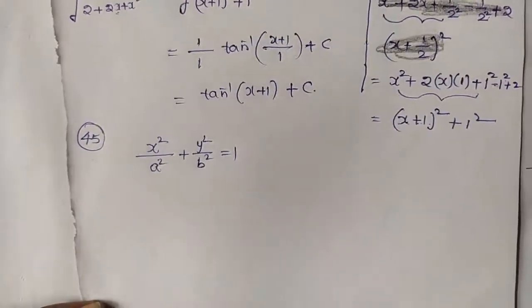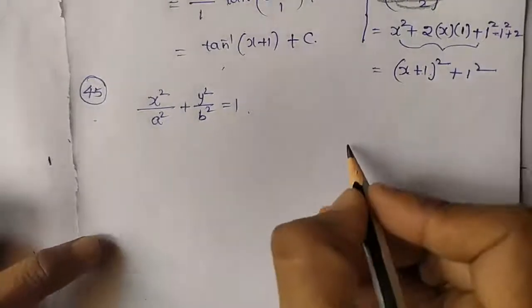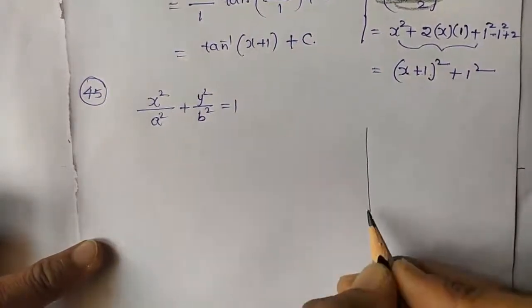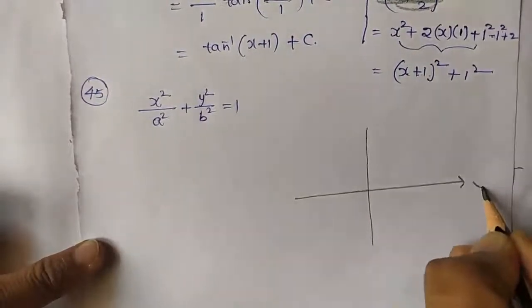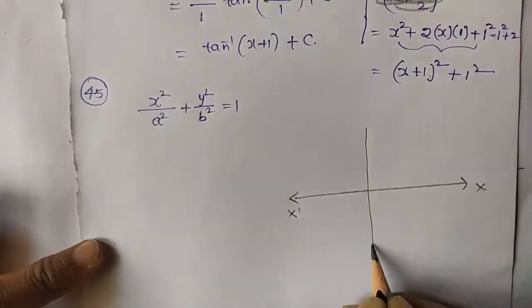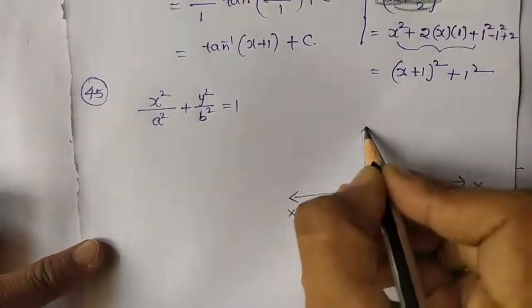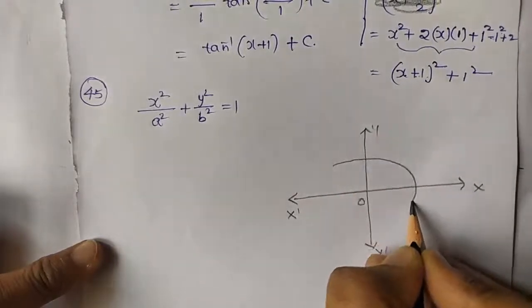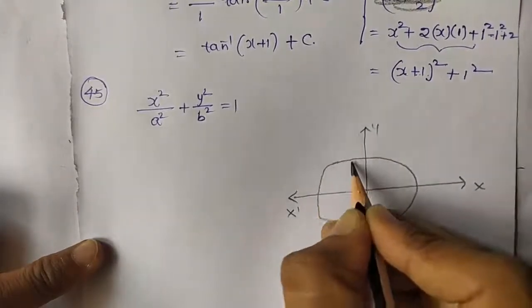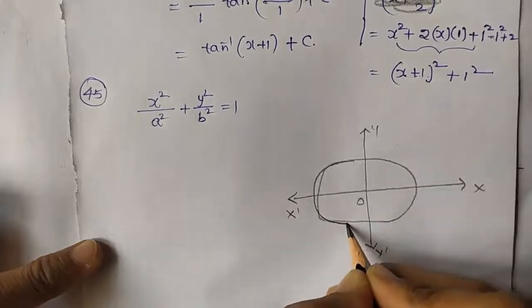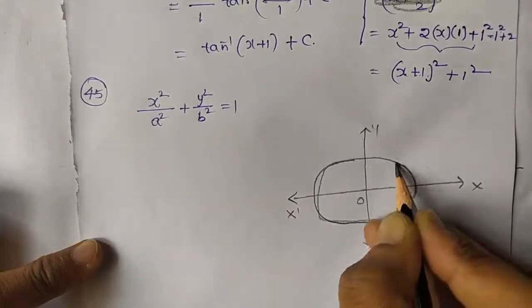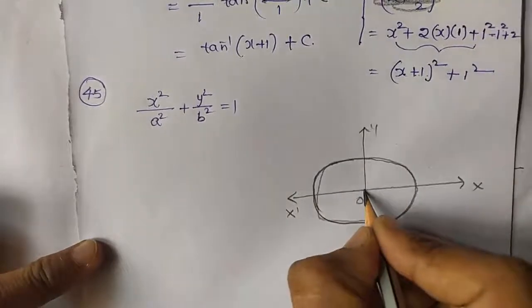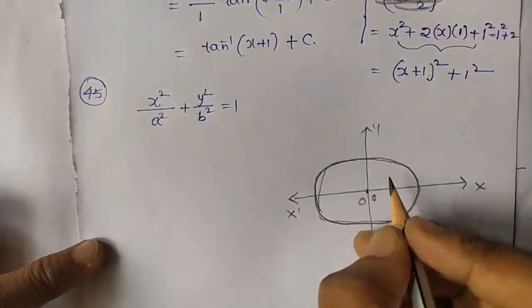You just imagine an ellipse with x dash, y dash axes, and this is the origin: x square by a square plus y square by b square.